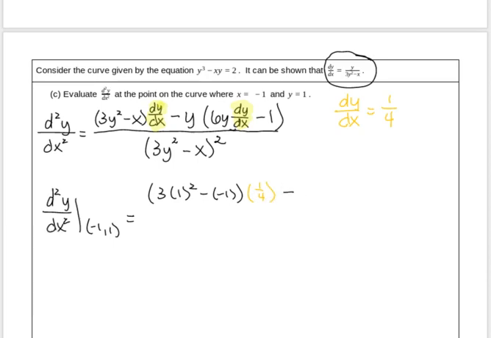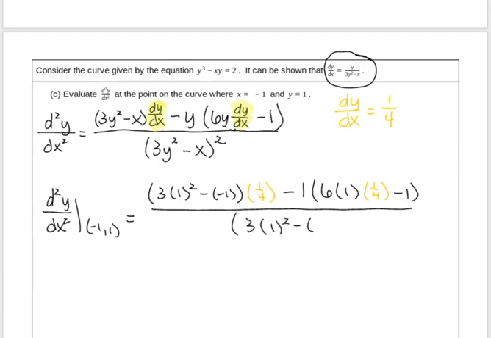And then minus, let's see, y is 1. So 6 times 1, and we get that 1/4 again. And then minus 1 all over 3 times 1 squared minus -1 all squared.